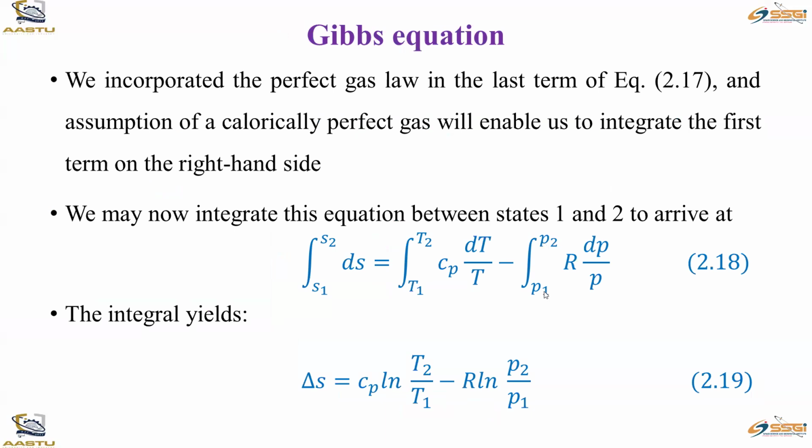Again, for pressure 1 to pressure 2, dP over P gives you ln. So delta S is equal to Cp ln T2 over T1 minus R ln P2 over P1. That is the entropy change from one point to another.